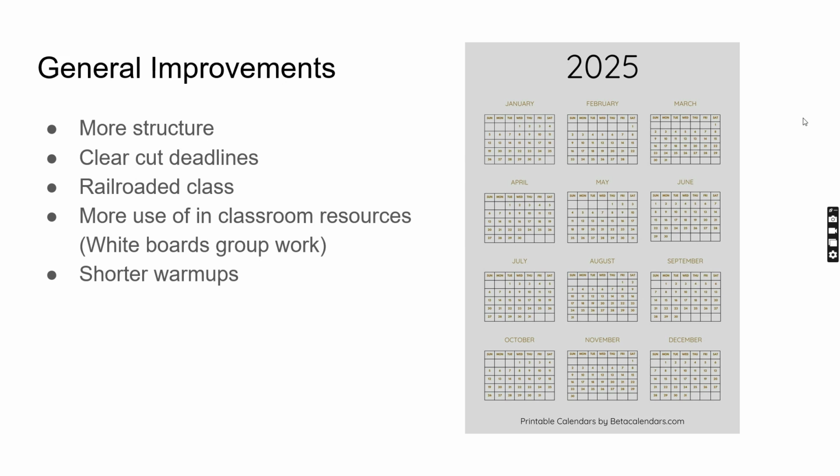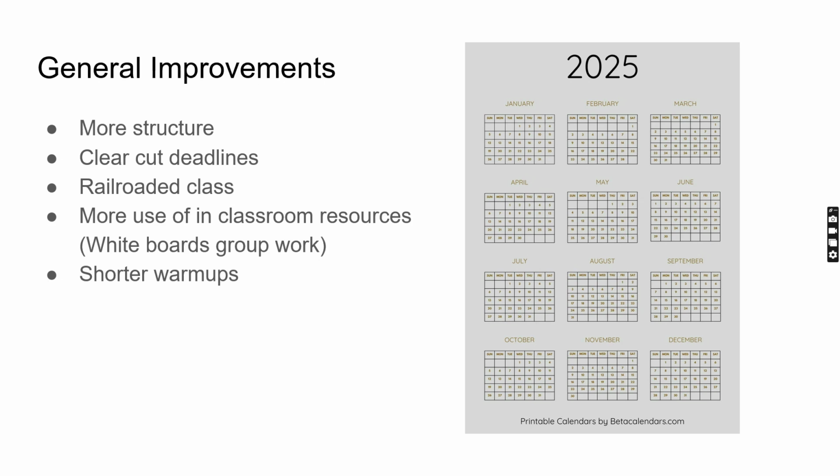General improvements I would say for the class is more structure, just more structure. I often went into class not knowing what we were going to do, what was going on. Clear cut deadlines. I really didn't like how the homework deadlines were switching very often.